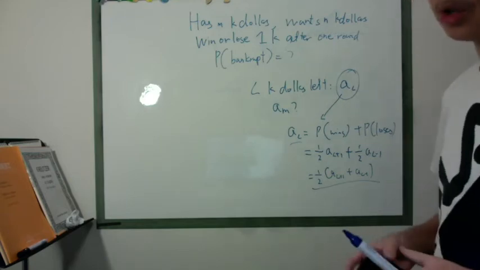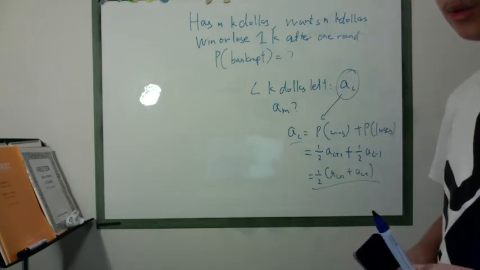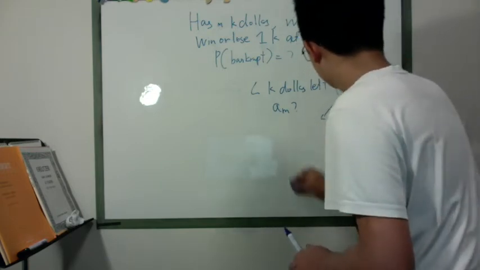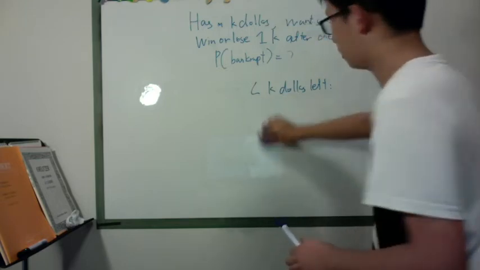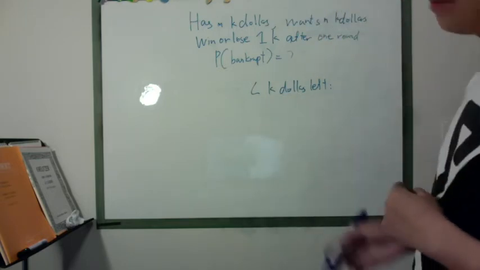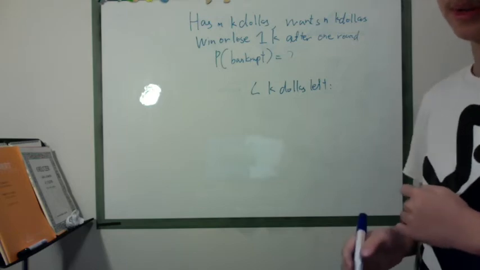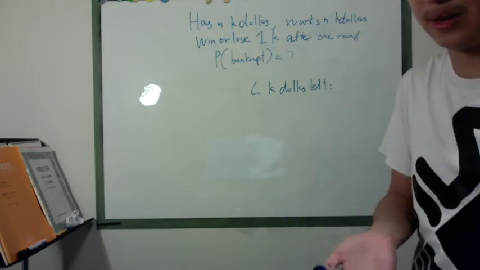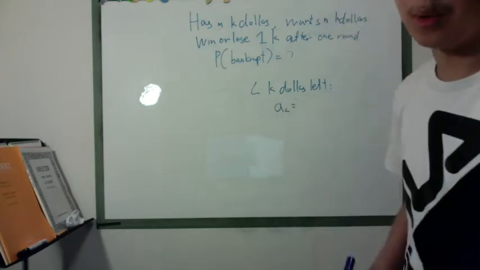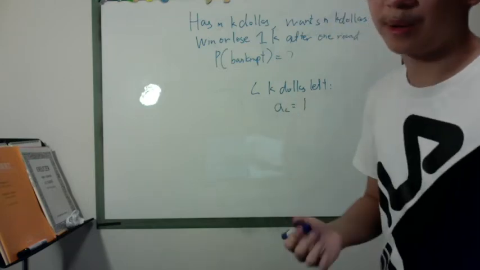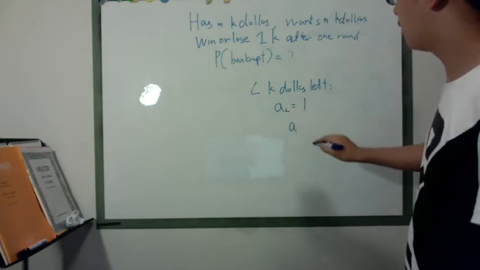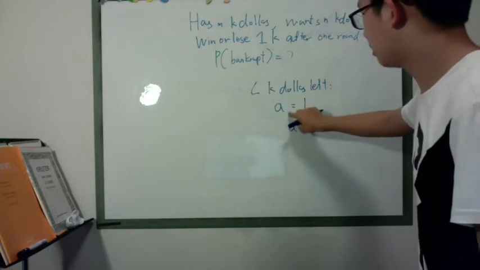We first have to determine the initial values, or the fixed values. So we know that if L is equal to 0, so if he has $0, the probability is 1 because he has already gone bankrupt. So A_0 is 1.